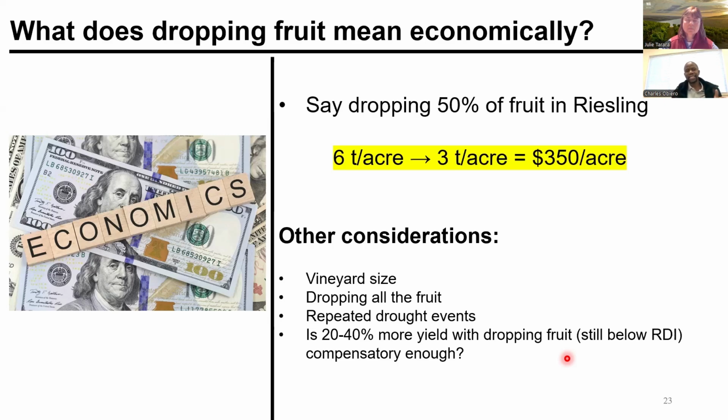And the question is, we have seen that by dropping the fruit, we can only gain 20 to 40% more yield, which is still below the RDI. So is this compensatory enough? Is this enough to compensate for the money and the labor that you are going to put there?